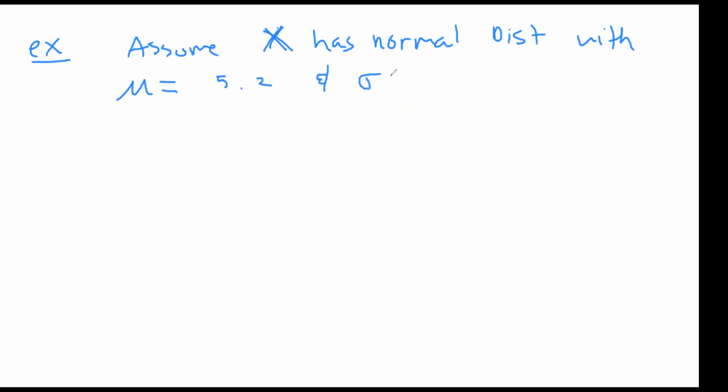And let's say that the standard deviation is 0.3. What we want to do is compute the probability that X is between certain values. So let's compute the probability that X is less than, say, 5.4.